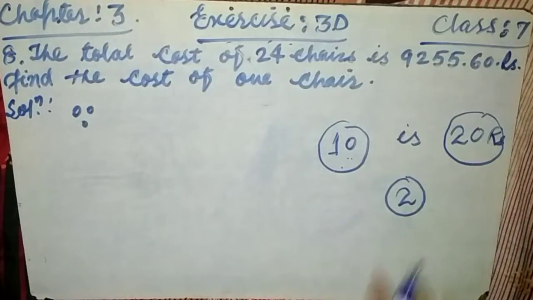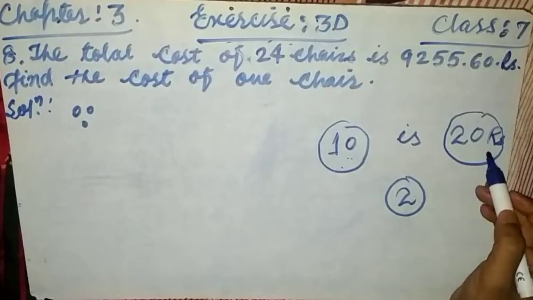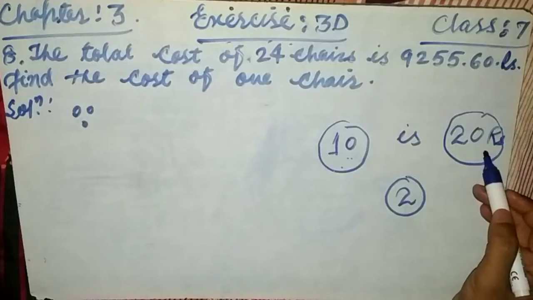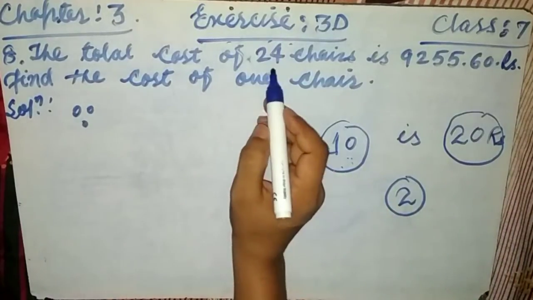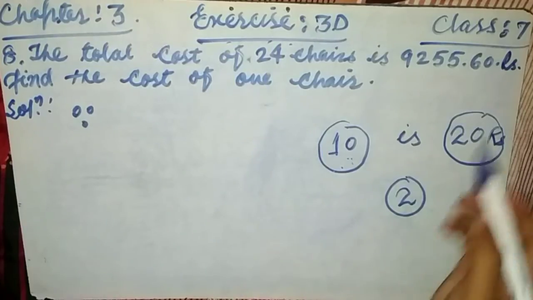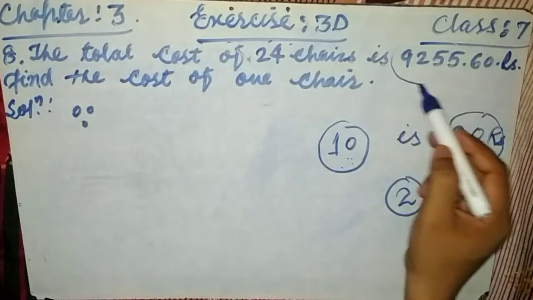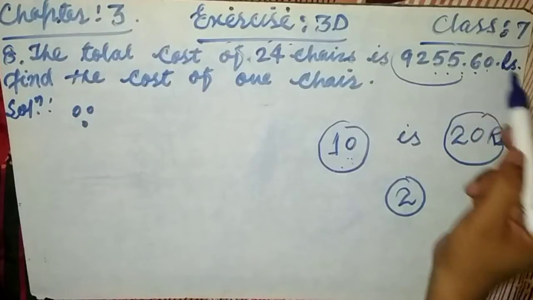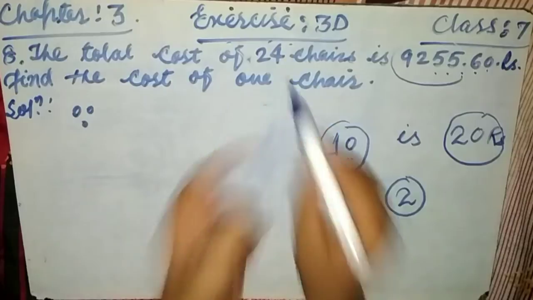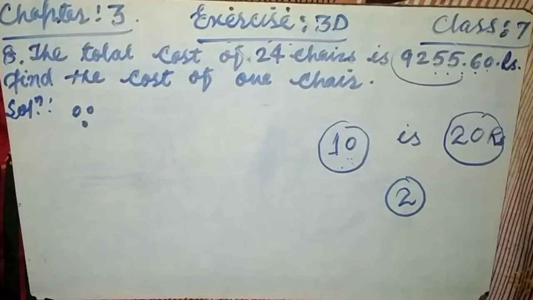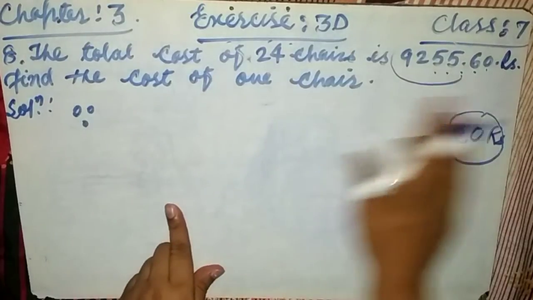If you find the cost of one thing, then this total amount should be divided by the total number of things. Here the total number of things is 24, and the cost of total things is 9,255.60. That means we have to divide this decimal by this 24, and this will give us the cost of one chair. I hope you will understand.